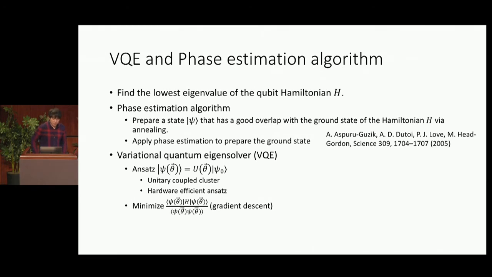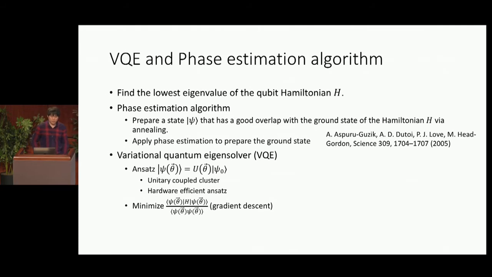Another proposal which is quite popular recently is the variational quantum eigensolver method. Here we try an ansatz state by preparing the state with some operations controlled by parameters. This is quite similar to the circuit that we discussed at the beginning of the talk, the hybrid algorithm.